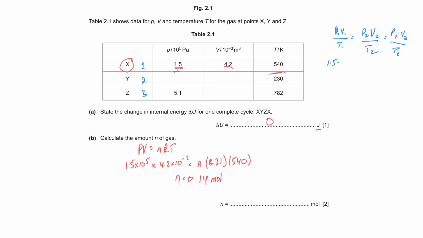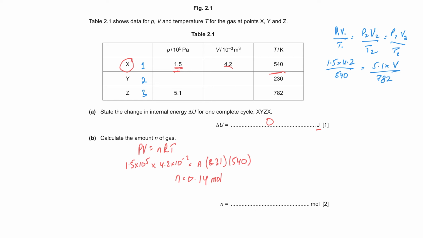So 1.5 into 4.2 upon 540 is equal to 5.1 times V upon 782. Now the reason I haven't included these orders 10^5 and 10^-3 is because they'll cancel out.